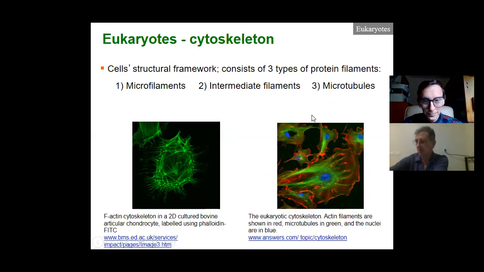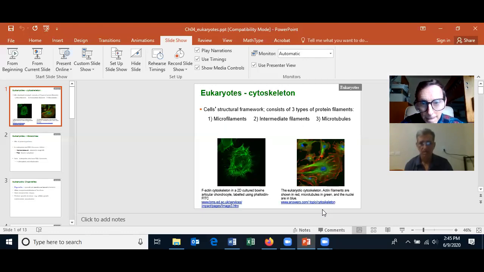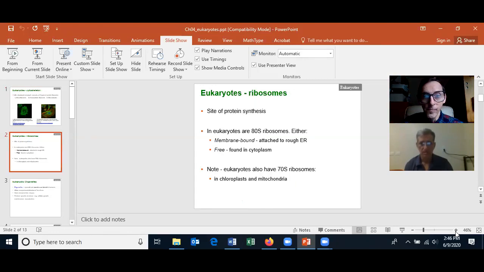Sorry. Actin filaments shown in red, microtubules in green. So this one's showing you 2 of them. Is that the nucleus in blue? I can't see that. Yeah, the nucleus is in blue. I got that right.